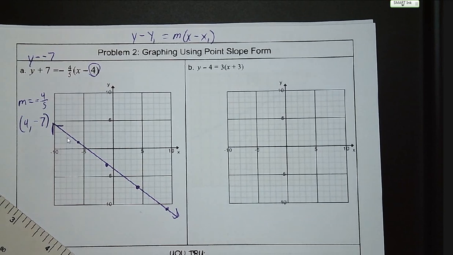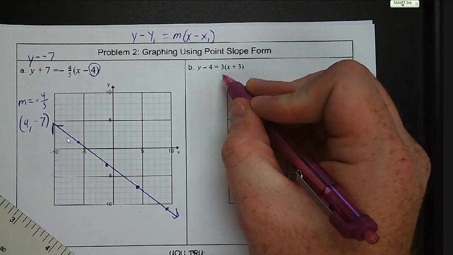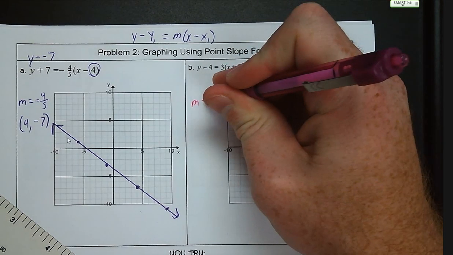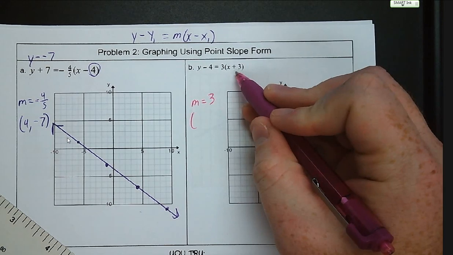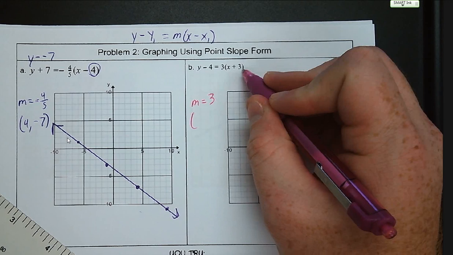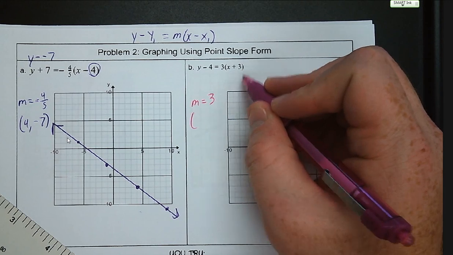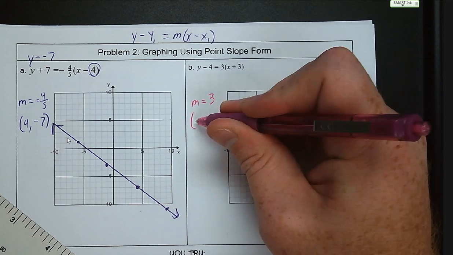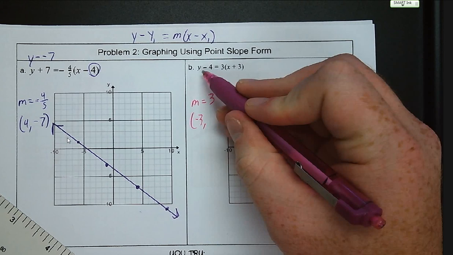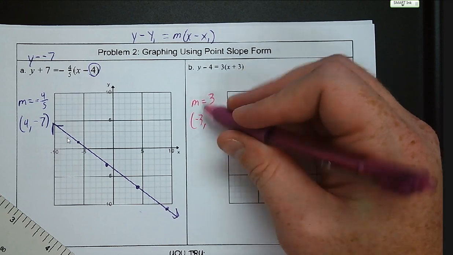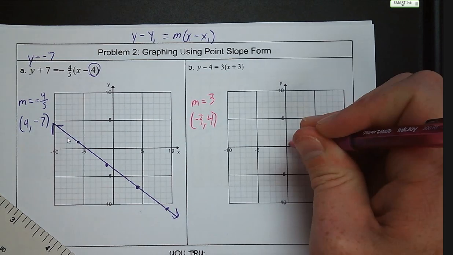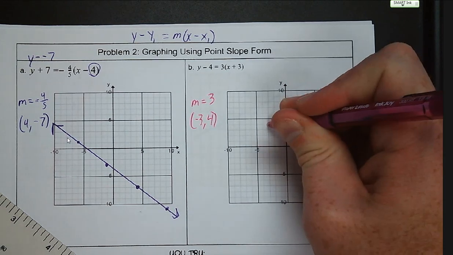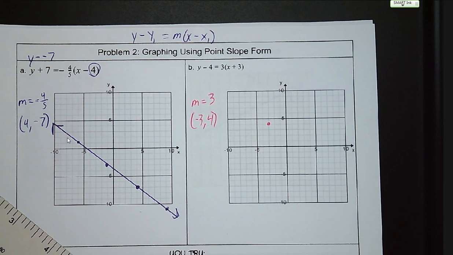Problem B, find our slope. Our slope is 3, and our coordinates we've got, instead of being, it's supposed to be x minus x1, so this must be a negative 3, y minus y1, so that's a positive 4. So we have a point at (-3, 4), so right there. And our slope is a positive 3.